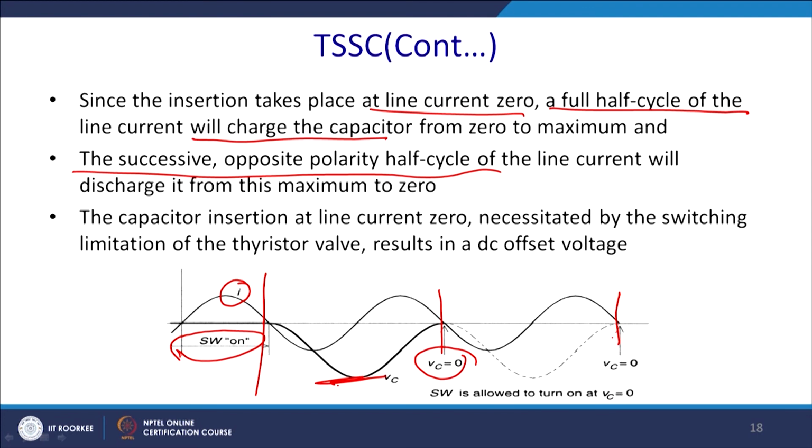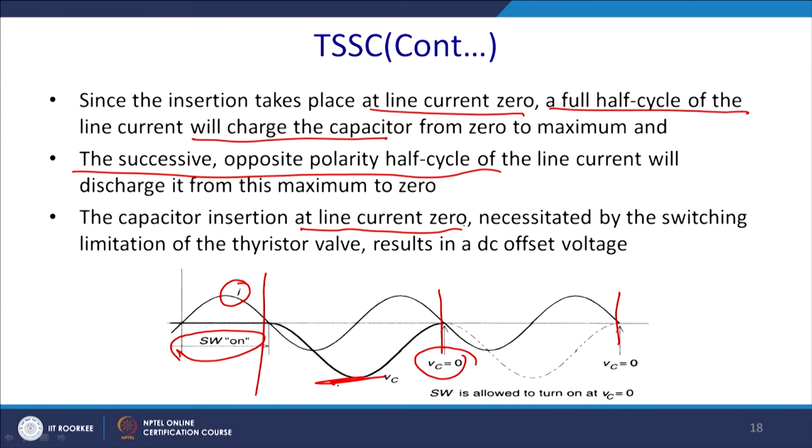Across this capacitor voltage, the capacitor insertion at line current zero, necessitated by the switching limitation of the thyristor valve, results in a DC offset voltage. This is one of the problems. You see that there is a DC offset voltage.